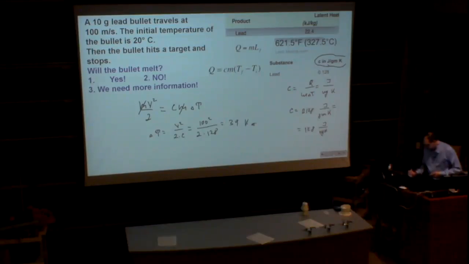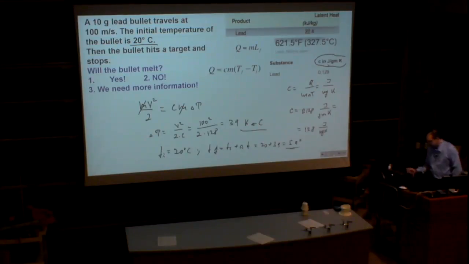Kelvin or Celsius. How do I choose what I want to use? That depends on the initial value. The initial temperature is given in Celsius, so I prefer using temperature change in Celsius as well. So final will be equal to initial plus change, which is 20 plus 39, 59 degrees.